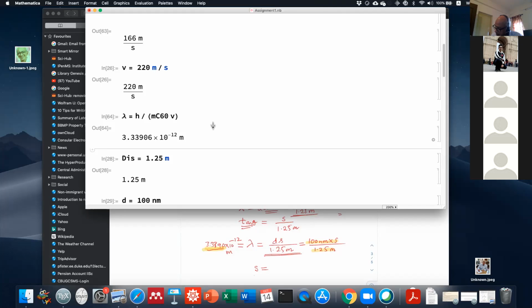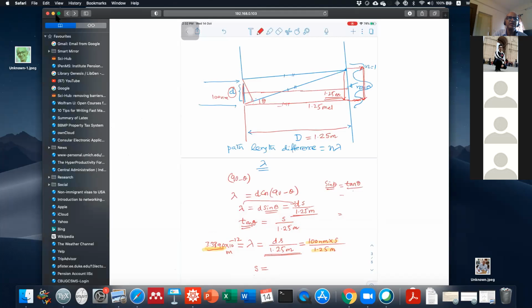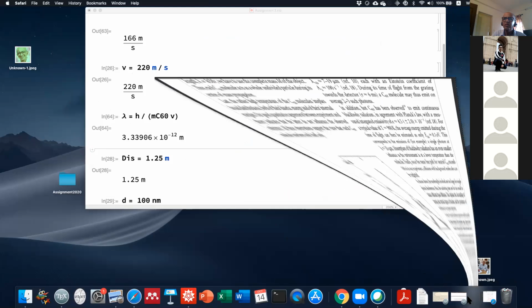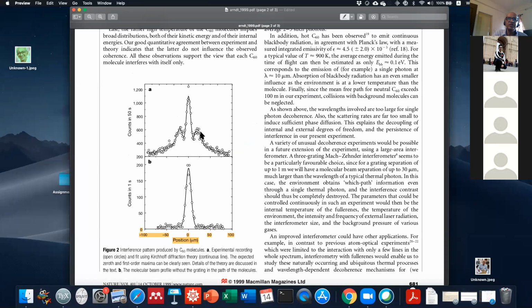You calculate the separation. What is the separation? This is the separation between the peak on the left hand side and the peak on the right hand side, which is experimentally found to be some value that is available. It was shown in the picture, but now I don't know where that screen was, but it doesn't matter. If you look at this, this is how it is.